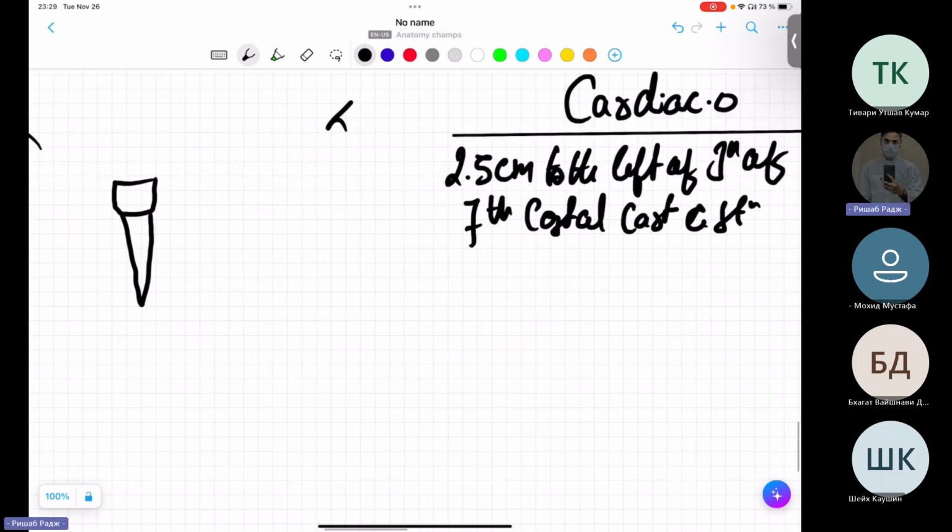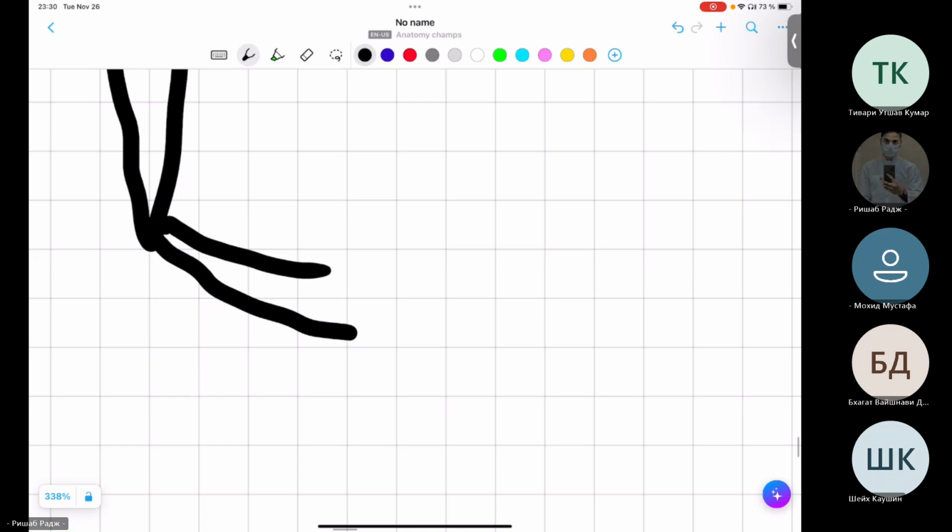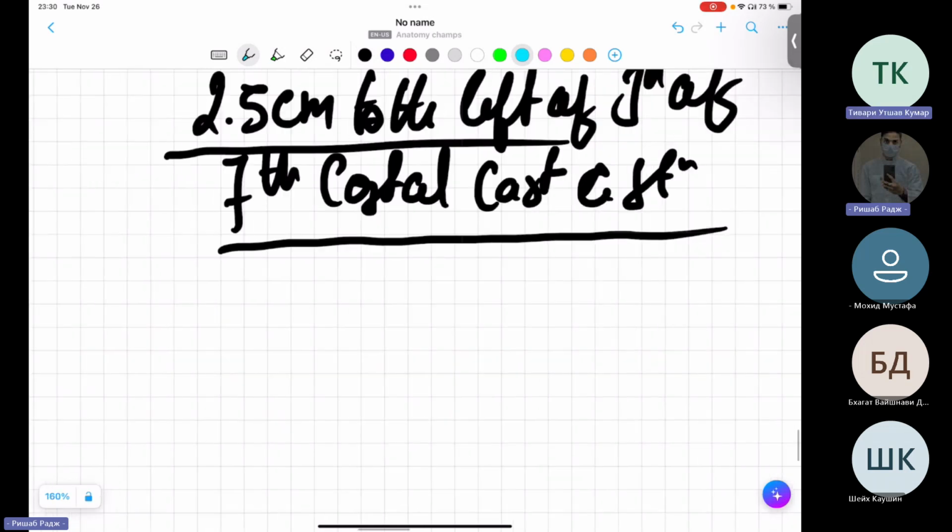We have the seventh costal cartilage. It means we are talking about this cartilage. So 2.5 centimeter to the left of the junction of the seventh costal cartilage and the sternum. It means if this is the sternum and ribs junction, we have to take 2.5 centimeter. This is the place where your cardiac orifice is present.